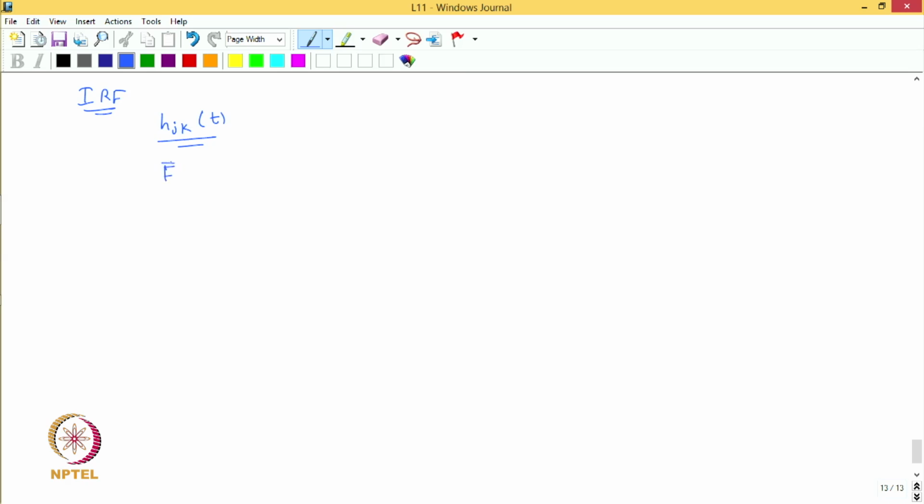So, the force vector f bar t is nothing but f of t and vector of zeros here. So, here we apply unit impulse at k degree of freedom and no force at rest of the degrees of freedom. So, hence f of t is given by this.